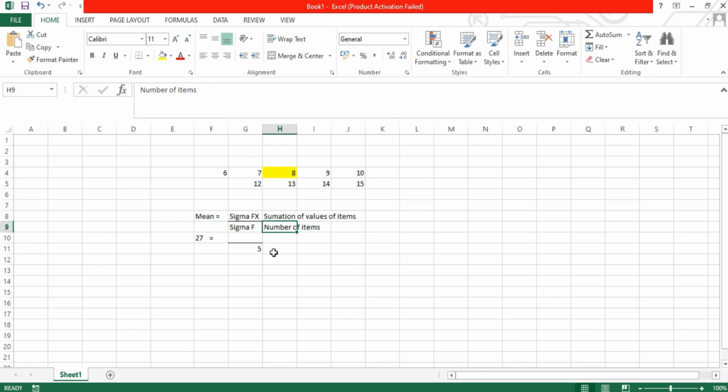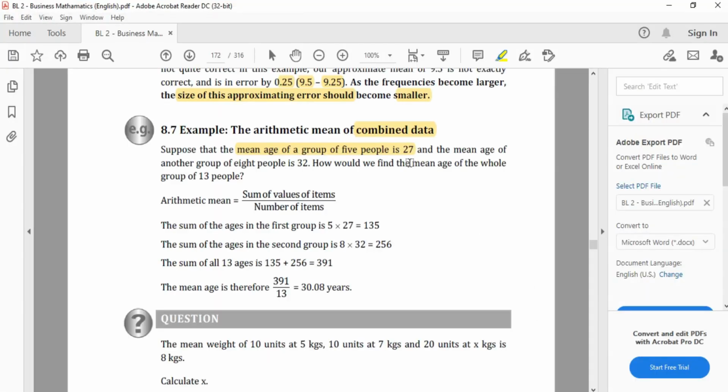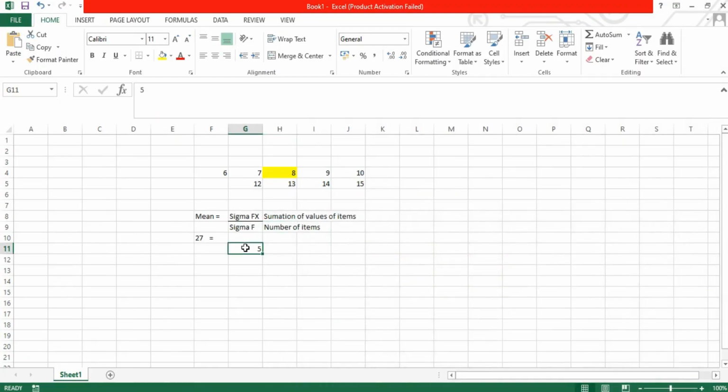So the number of items is the number of people. The number of people here is 5. Right? So you put 5 over here, and this is unknown, it will be x. Now comes the algebra. How do you take 5 from here?